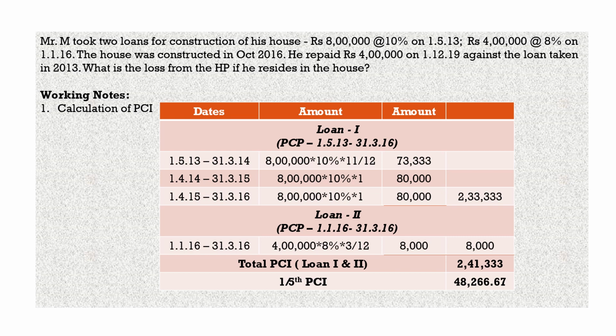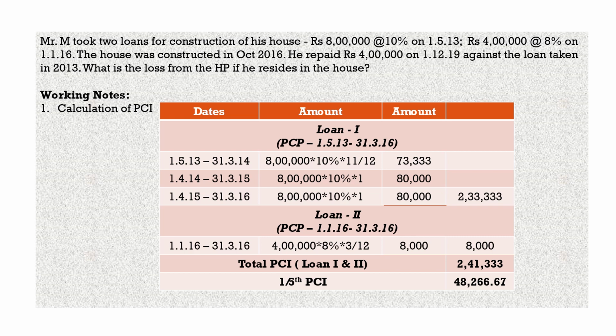We also have learned that interest on loan includes current year's interest, that is the previous year interest, and 1/5 of PCI. So we need to find out what is the PCI. We also know that the PCI depends on the PCP. So we need to find out the PCP for both the loans.